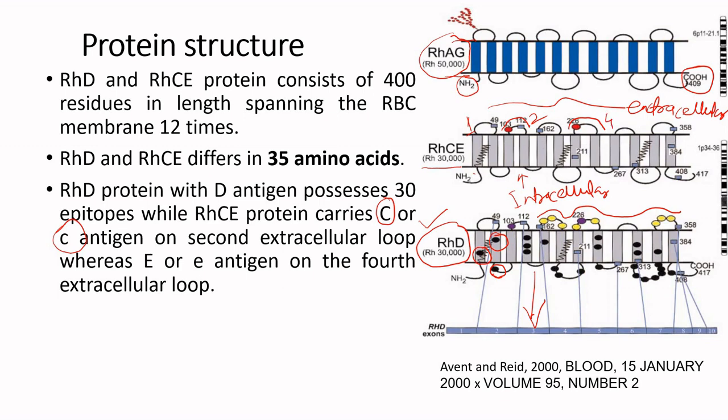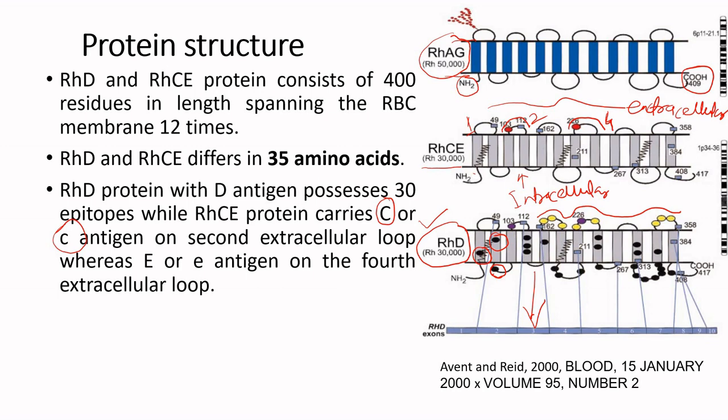Here you can see that RHCE protein carries two antigens, capital C and small c, which are present on the second extracellular loop, that is this one, and capital E and small e are present on the fourth extracellular loop.